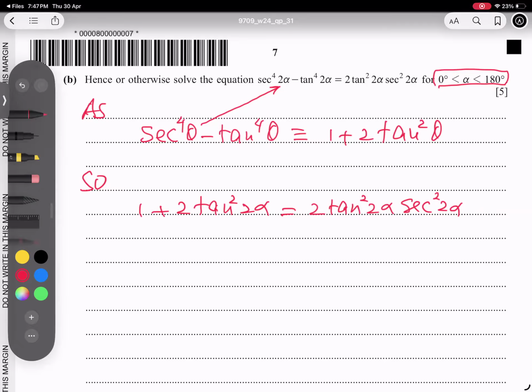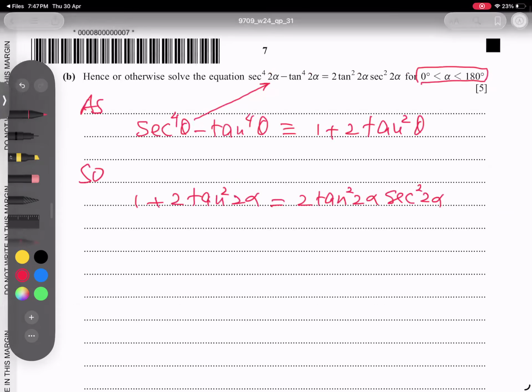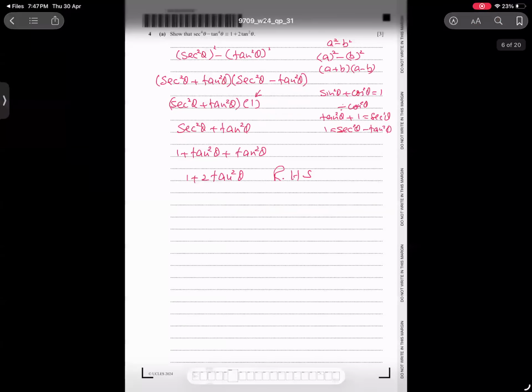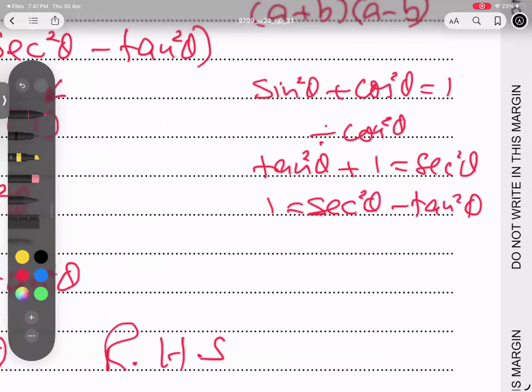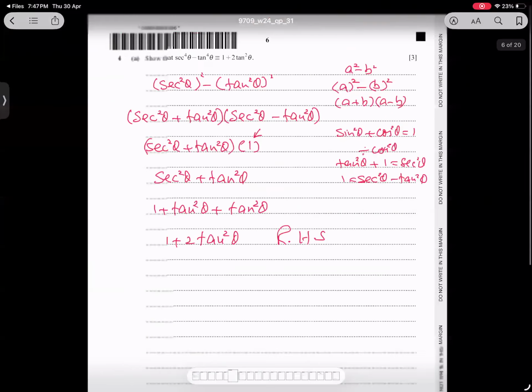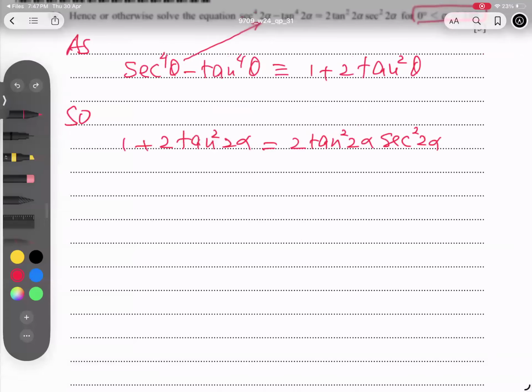Now the problem with us is that tan and secant are together. If we go back to the previous page, we have a formula connecting secant with tan. So secant square is 1 plus tan square. So I can remove secant square and replace it with 1 plus tan square.